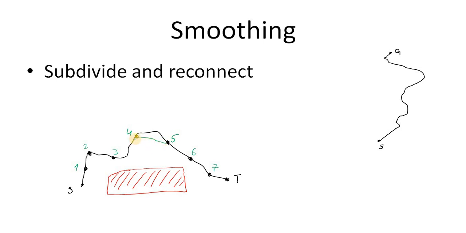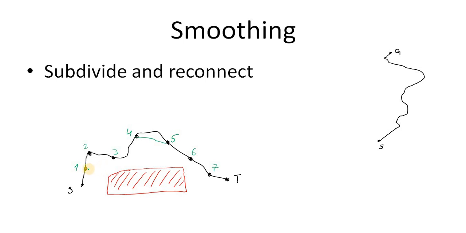This path is shorter than the original one, and we shall do this technique repeatedly. Take randomly 2 points again. Let's say this time the points were point 1 and 5, and we see that if we connect these 2 points, this line is not in collision with the obstacle.